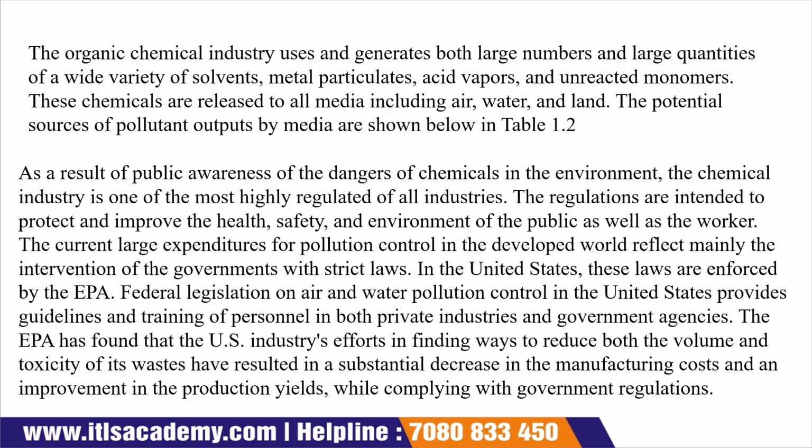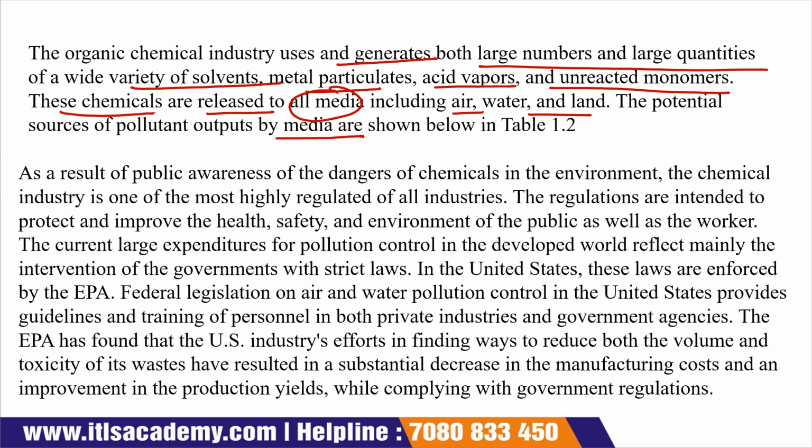The organic chemical industry uses and generates both large numbers and large quantities of a wide variety of solvents, metal particulates, acid vapors, and unreacted monomers. These chemicals are released to all media like air, water, and land, and the potential source of pollutant output by media we'll discuss in Table 1.2 in a further slide.